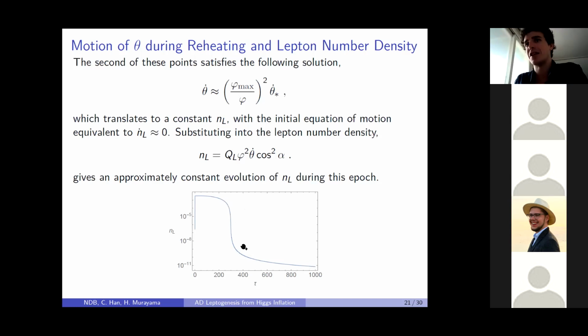So that's mainly where this drop comes from. But then it enters this regime when it settles into this oscillation where the theta dot approaches an effective constant value. And this value you can easily calculate from this, fixing for any given reheating temperature.